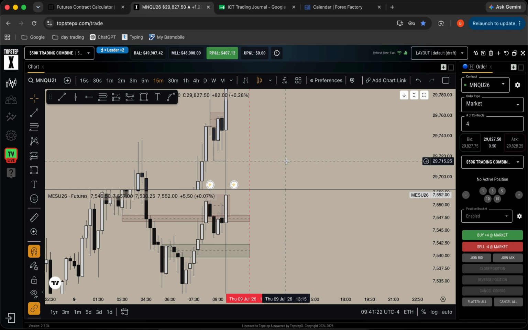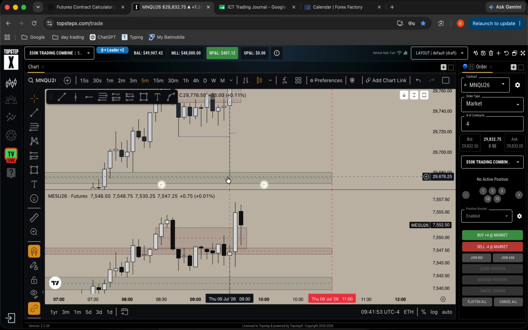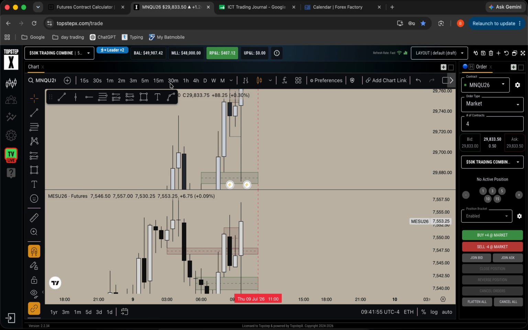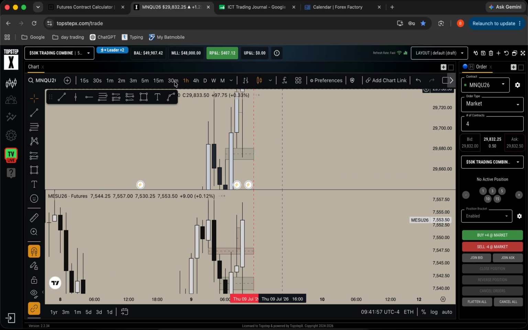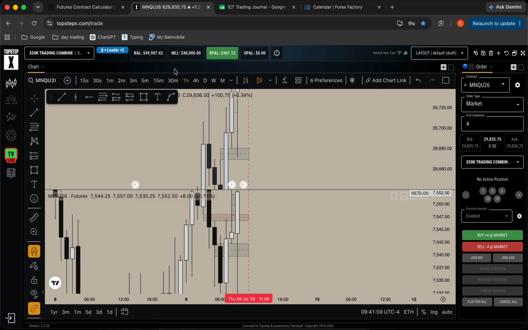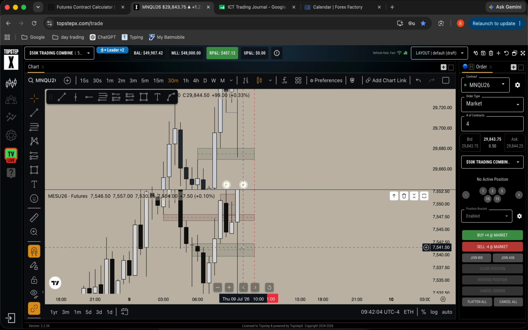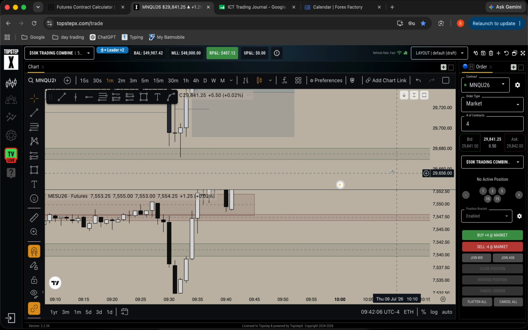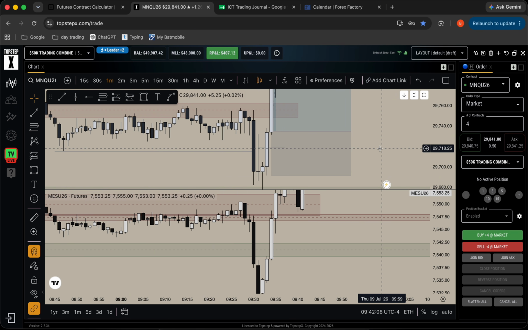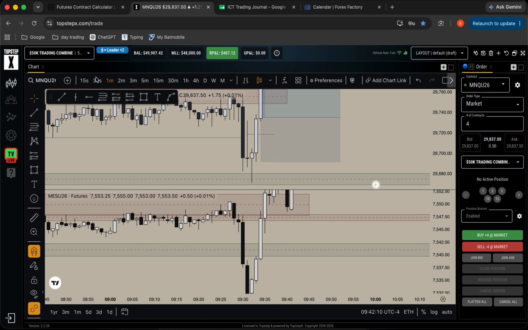But as you can see, price ended up trading lower into this 30-minute on ES. No, the hourly. And the 30-minute on the hourly on NQ and the 30-minute on ES. And so then at that point, I was just looking for an entry.